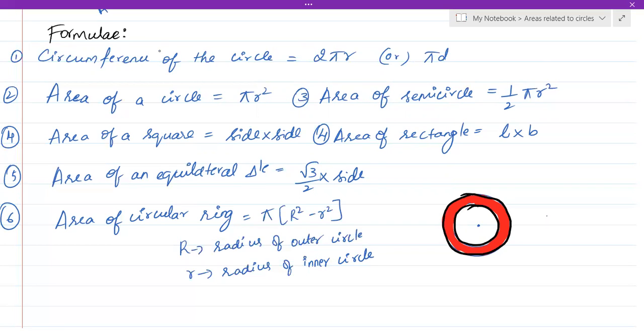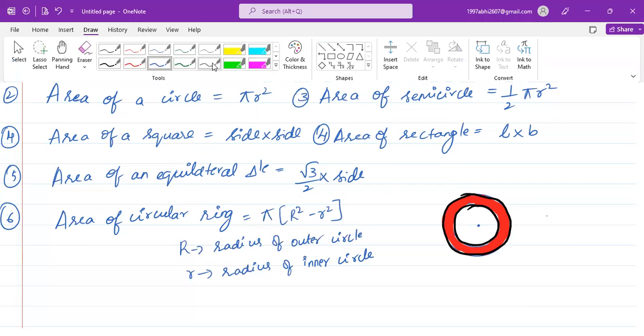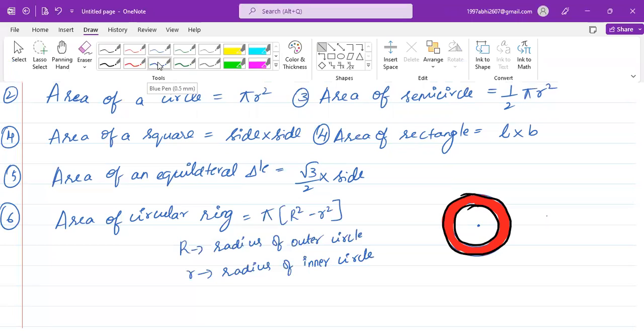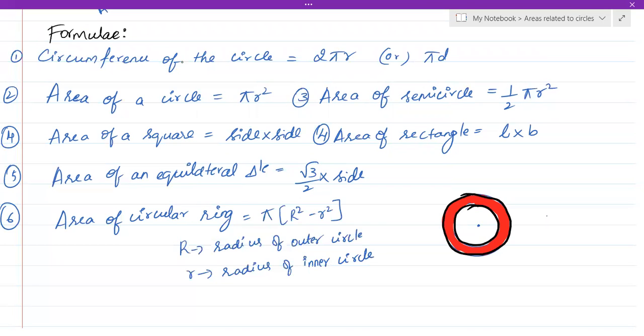It's very simple. See, when I say area of the bigger circle, it is the complete thing, right? Let me shade it in red color. When I say area of the bigger circle, it is this complete thing which I'm shading, isn't it?